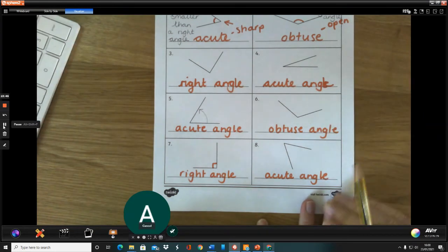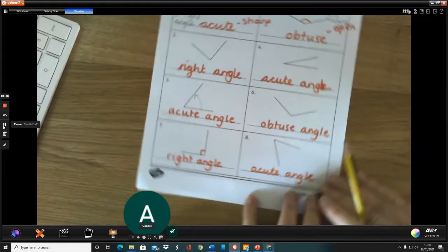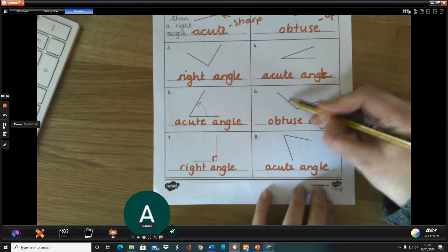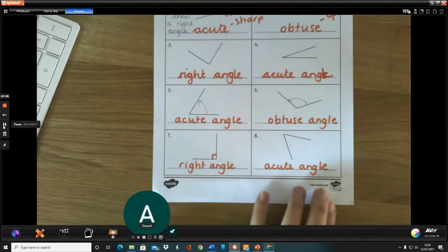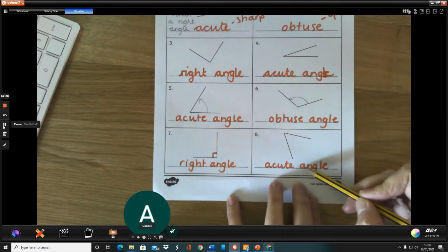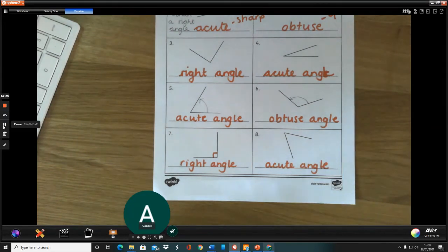Now we may have to move our sheet around so we can get a good look at it, but that's okay. This one is an obtuse angle. This one has opened out further. This one is a right angle, and this one is an acute angle. It is sharp and pointy. Okay? Hope you did okay with that.